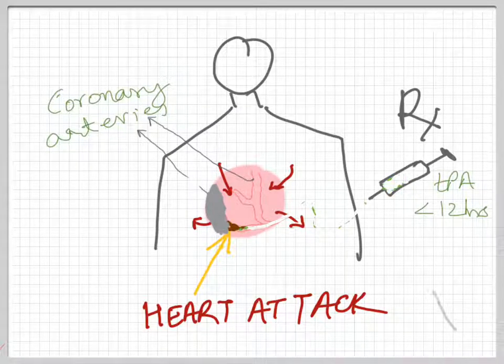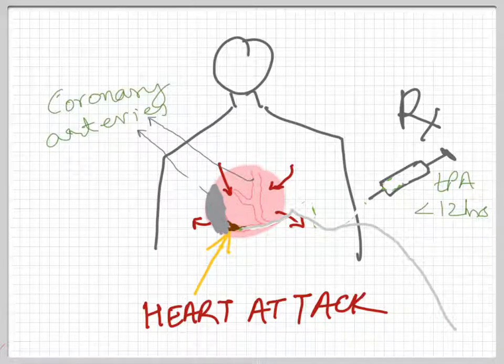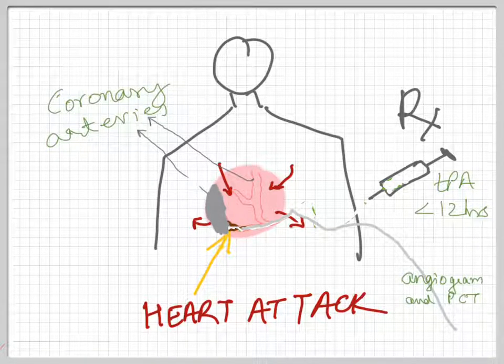The other treatment that we have is an angiogram. In angiogram, a catheter is placed into the heart, as you see, and brought near to the clot, and then with a roto-rooter or with a stent, there is an opening made or a tunnel made into the clot, and this procedure is called angiogram or PCI.